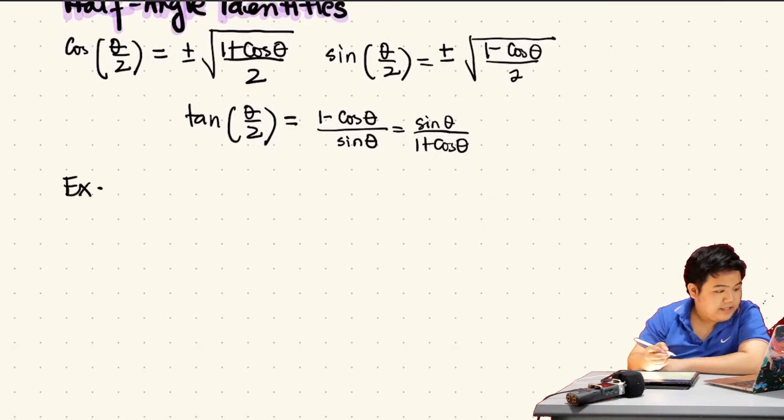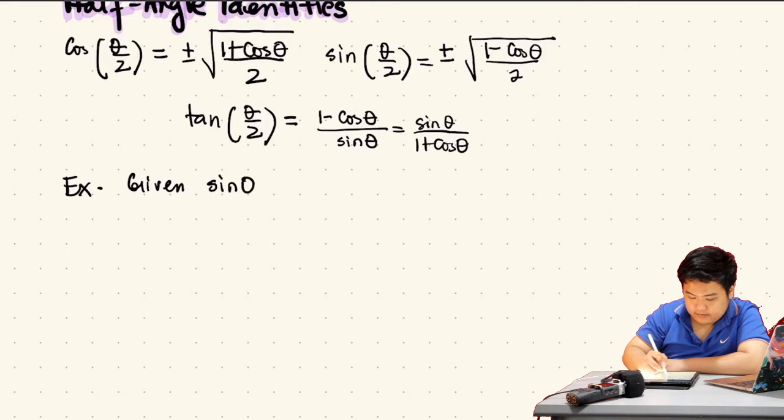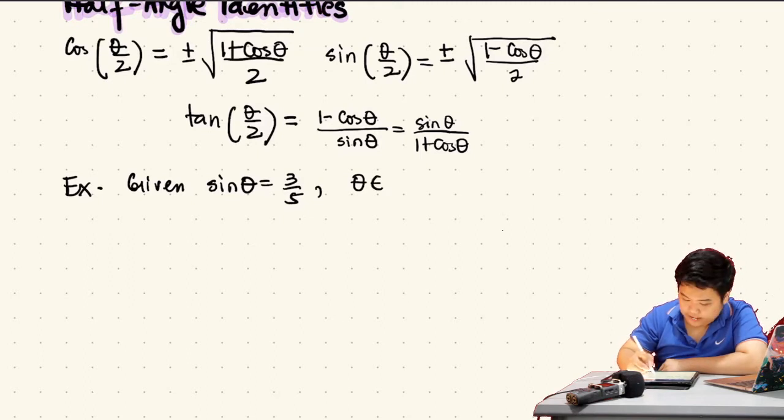So, ang given ay sin theta is 3/5. Tapos, yung theta natin ay nasa interval daw na pi over 2 to 2 pi.